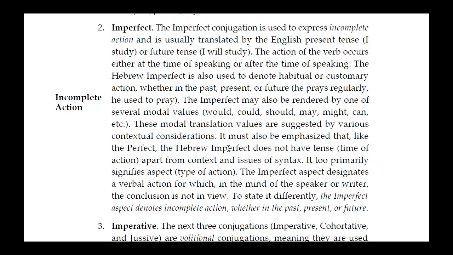It also needs to be emphasized that, like the perfect, the imperfect does not have tense, which is time of action, apart from the context and issues of the syntax. So the tense of the verb is based upon the context and the issues of the sentence structure, and that its primary signifies the type of action, like I mentioned earlier, whether it's complete action or incomplete action. The imperfect denotes incomplete action, whether it's in the past, present, or future.